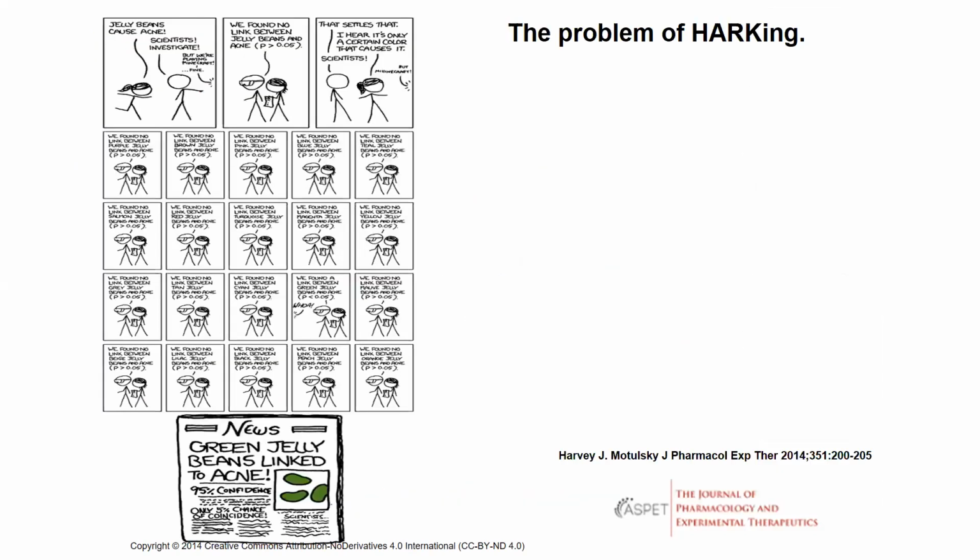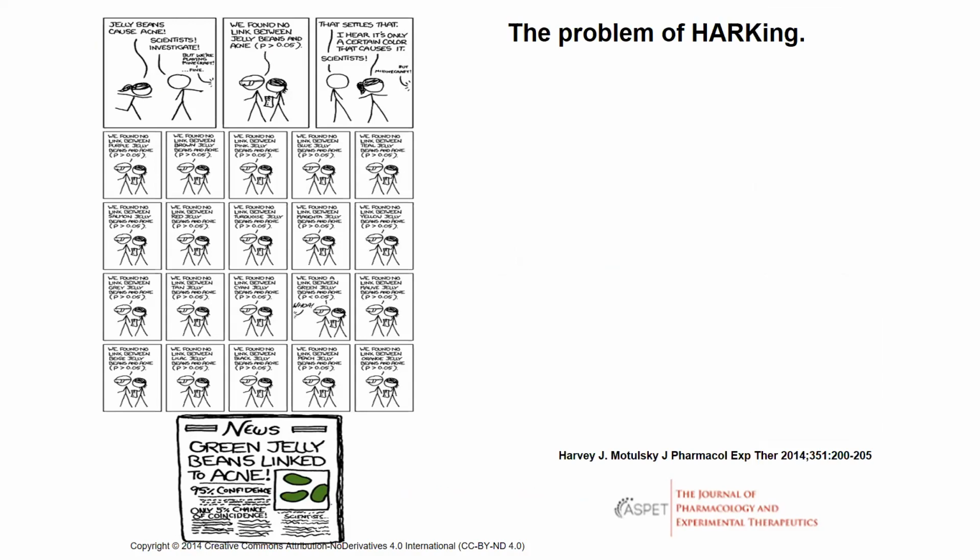Hacking is the other problem that I spoke about. Here, the researchers, after failing to reject their original hypothesis, test 20 subsamples and find that one of them has p less than 0.05, and they publish only that result, leading the public to believe that this was their original hypothesis. They also failed to adjust for multiple testing.